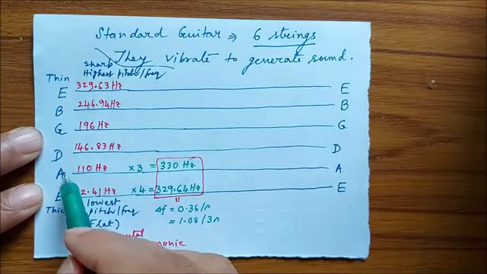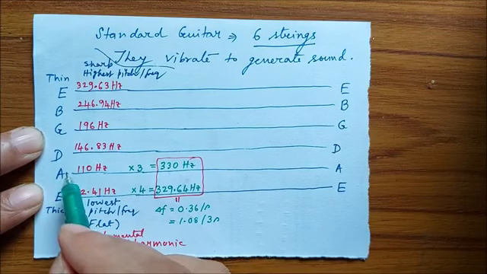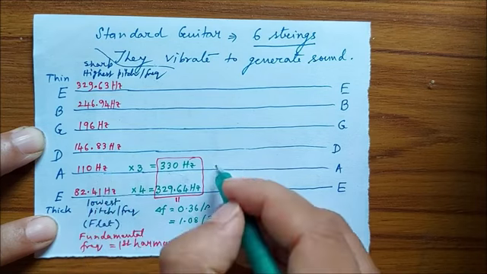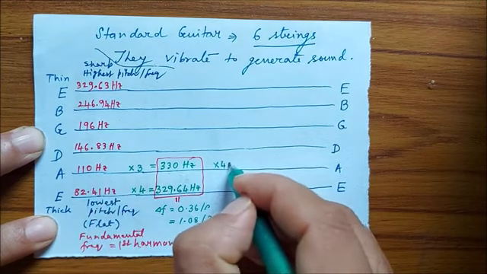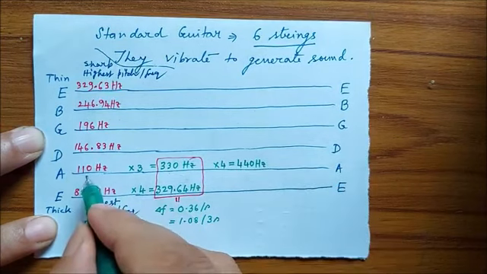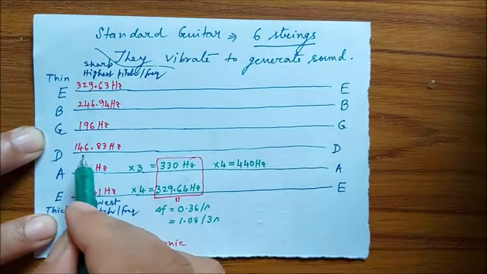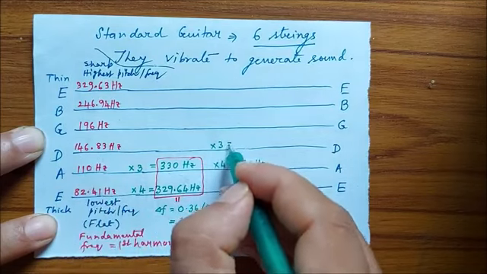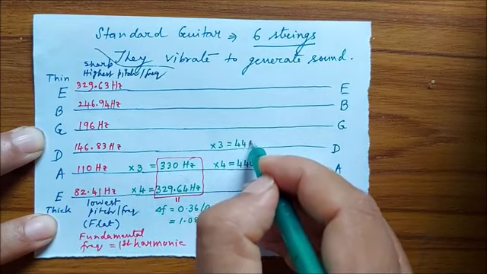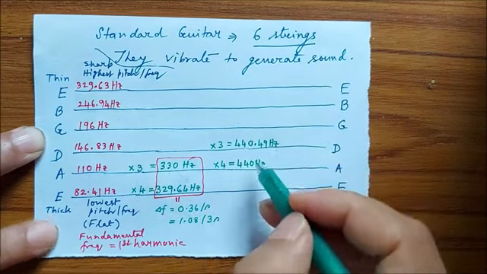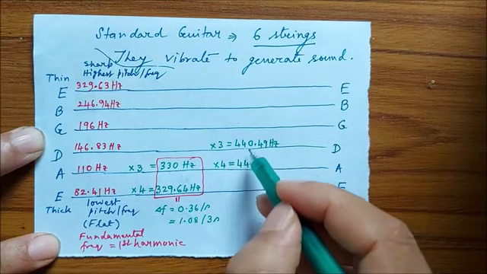We next consider the strings A and D, and if we multiply this with 4, that is considered the fourth harmonic, we get 440 Hz because this is 110, and let us multiply this with 3, that is considered the third harmonic, so that again we find that they are very close to each other.